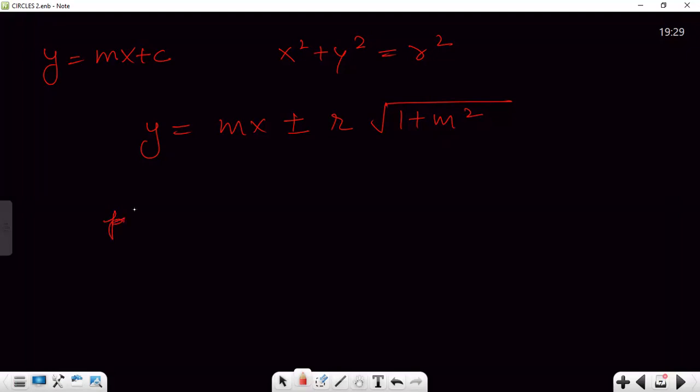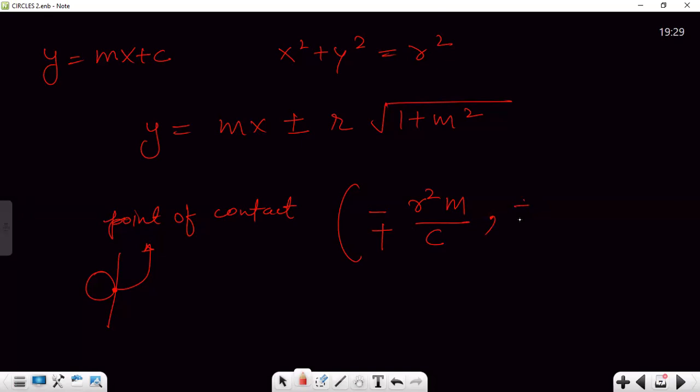So this is the equation of tangent, where c is this. The point of contact: this is the radius, this is the circle, and this is the tangent. This is the point of contact. It will be given by minus m r square by c, and plus r square by c. We are writing r for the radius, that's why.